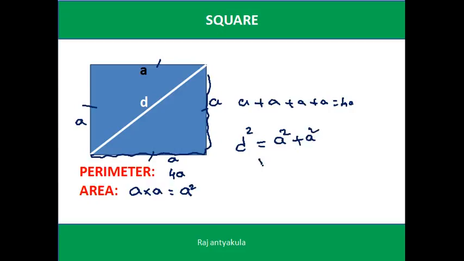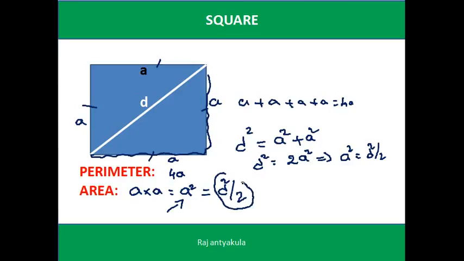On simplification, D square equals 2A square, which implies A square equals D square by 2. When the diagonal is given, straight away the area of a square is D square by 2. Depending upon the information, if you give the side, area is A square. If you give the diagonal, area of a square is D square by 2.